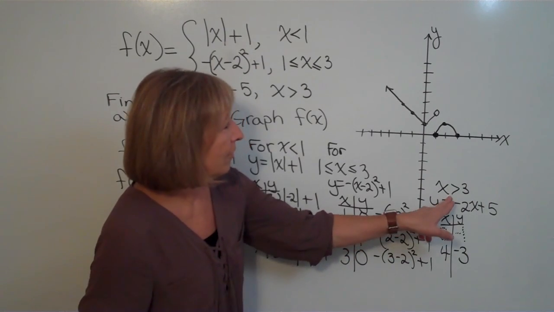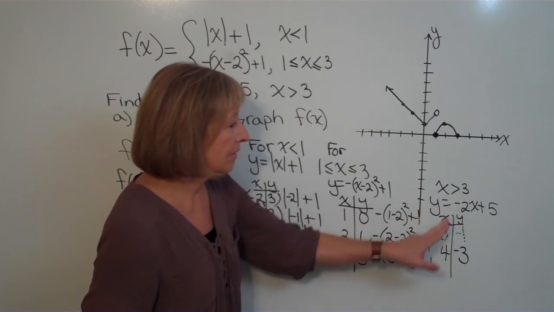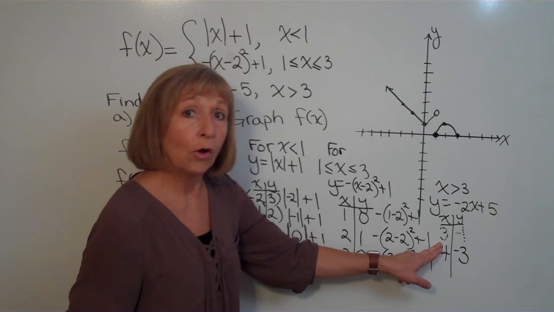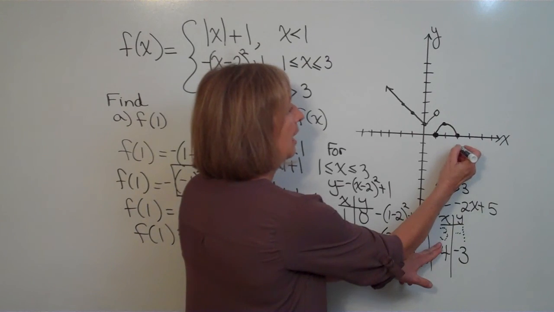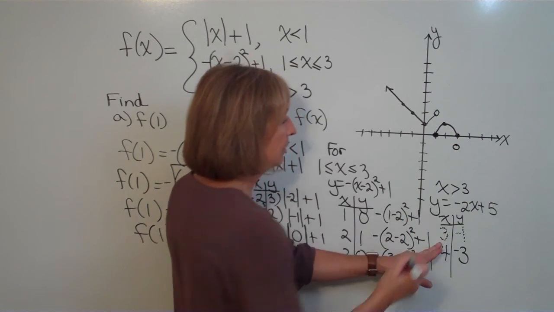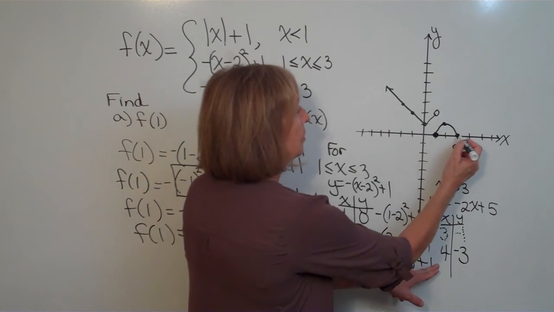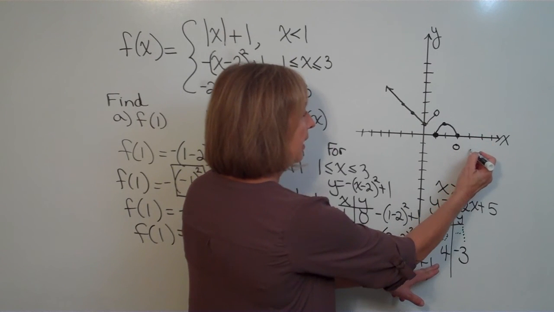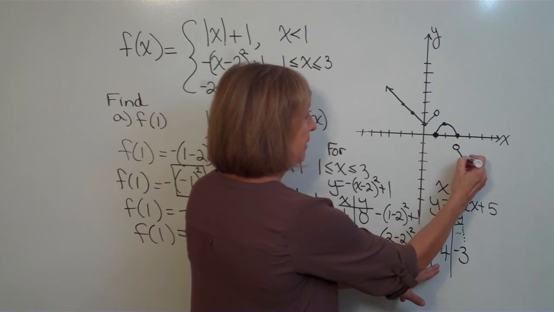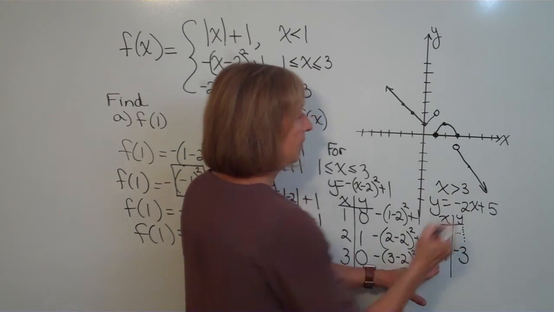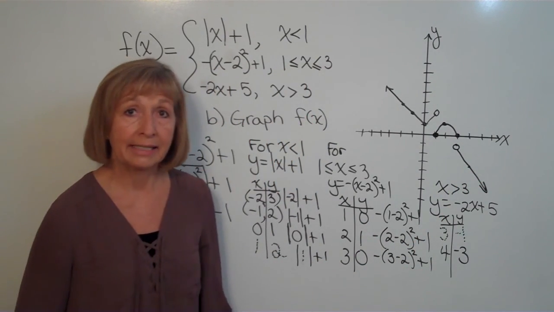And then for the x's that are greater than 3, I'm going to have an open circle at (3, negative 1). So right 1, 2, 3, negative 1 is an open circle. And then at 1, 2, 3, 4, negative 1, 2, 3, I have a dot to get my span to do the line.